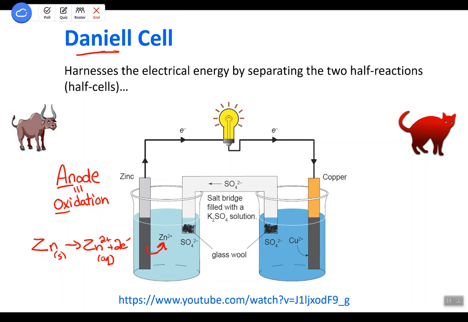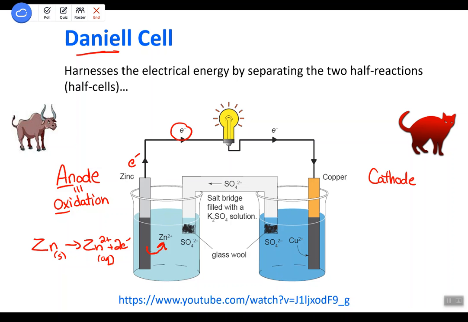Well, this produces electrons, and since it's set up in this particular way, rather than just immersing everything in one solution and the electrons just create heat from moving, we're requiring the electrons to flow through an external wire, an external circuit, over to the cathode.